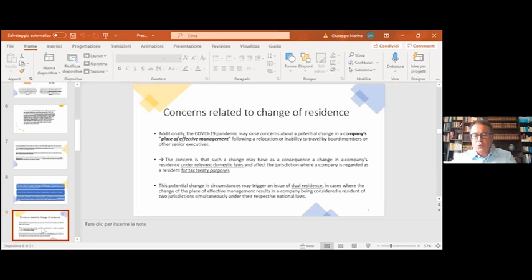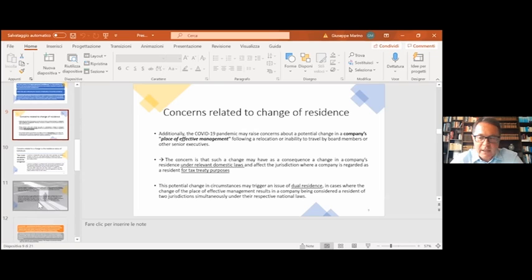So these are the two issues that the OECD is basically representing, as well as an issue having to do with the residence of the workers, specifically the cross-border workers.